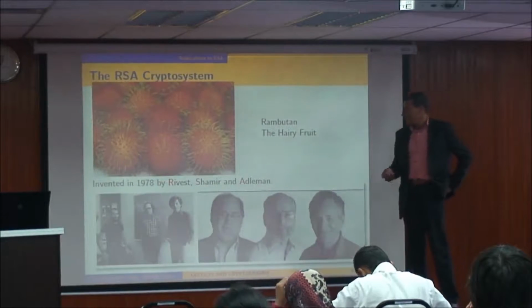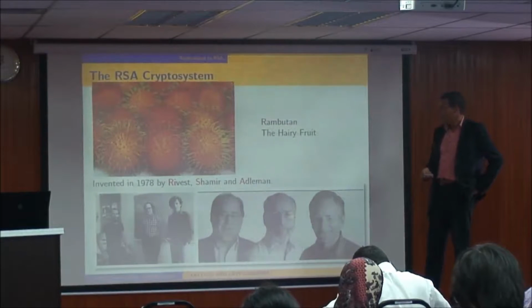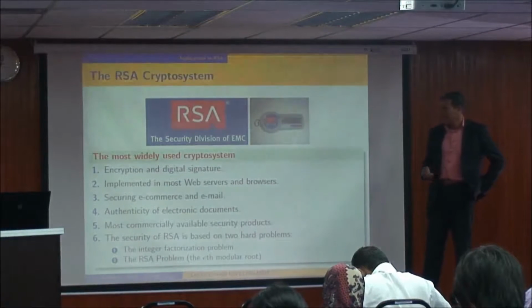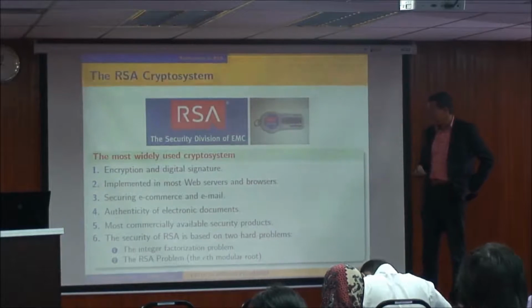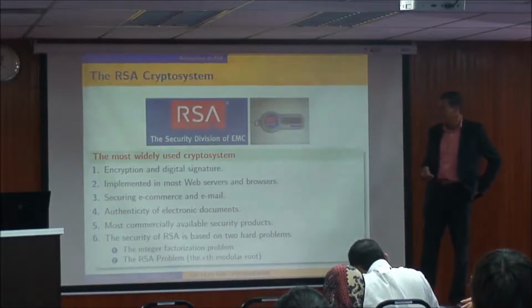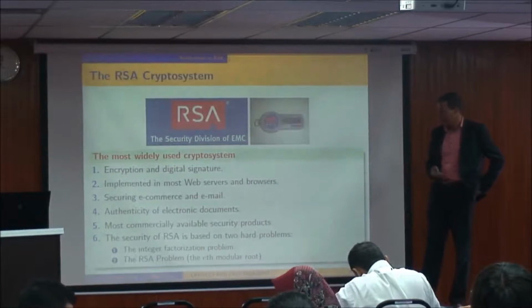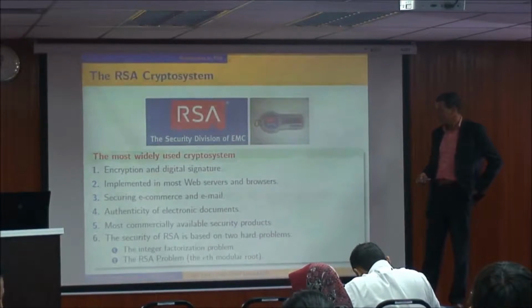RSA was invented in 1978. It is widely used in many industrial applications. For example, RSA is used for encryption and signature, implemented in all web servers and browsers.